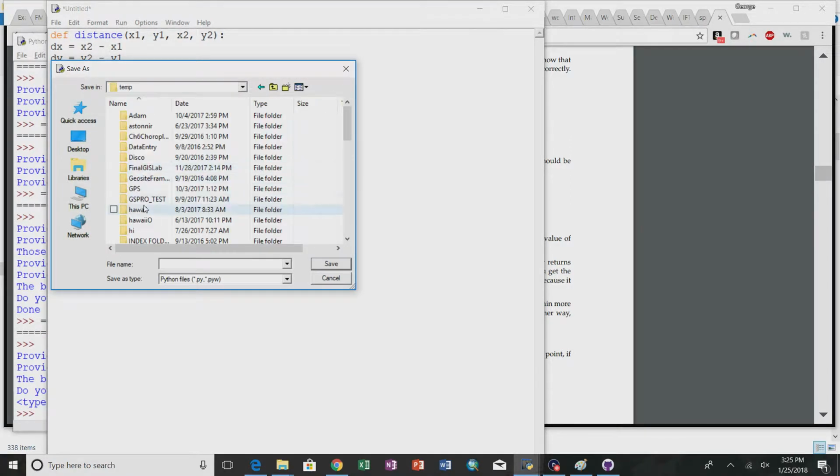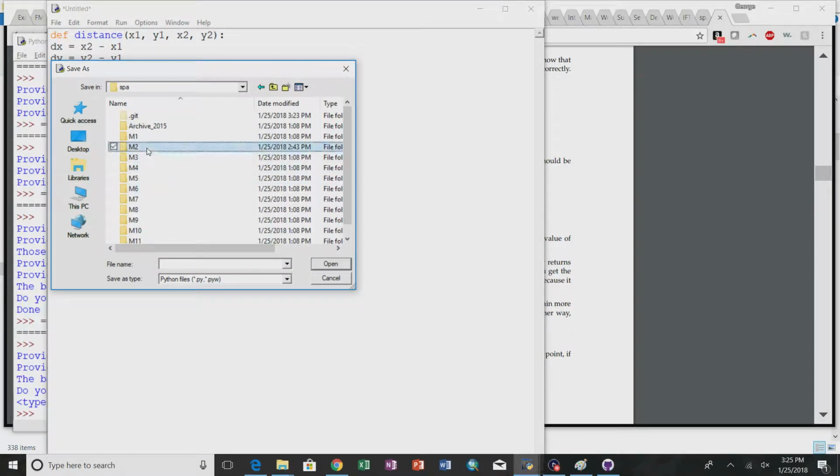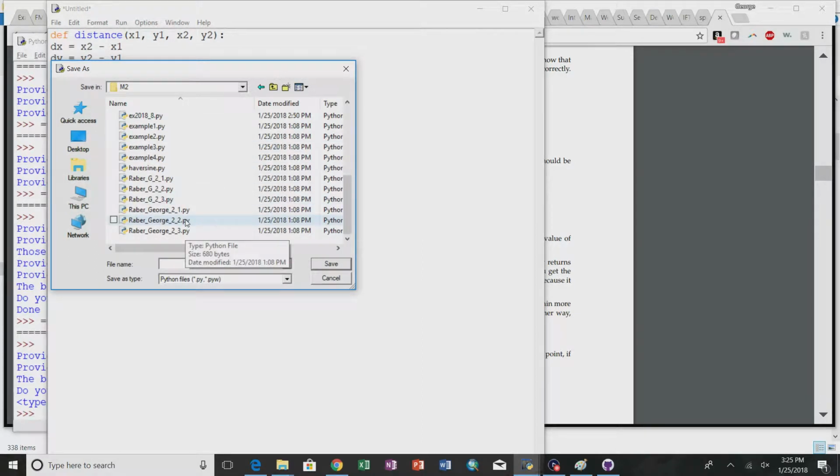So I'm going to save this in C temp, SPA, M2. I've already done this, but in each case these aren't completed. So I've got Raber George 22, and to clarify that this is this year, I'm going to write 218. But I left each of these kind of blank.